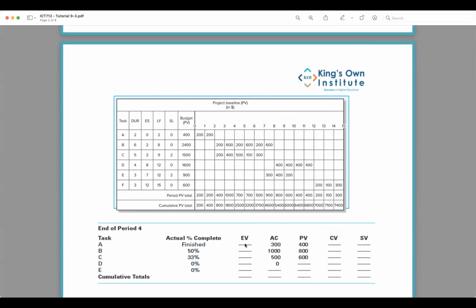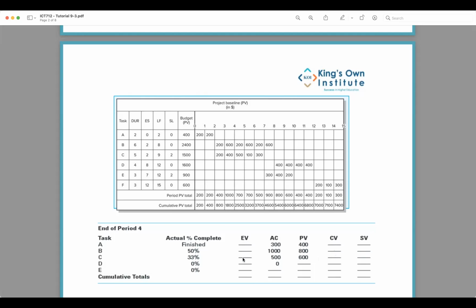So let's just look one at a time. What did you get here, Giovanna? 400. What did you get here and here? CV and SV. 100 and 0. Okay, great. For activity B, what did you get here? 1,200. And here and here? 200 and 400.